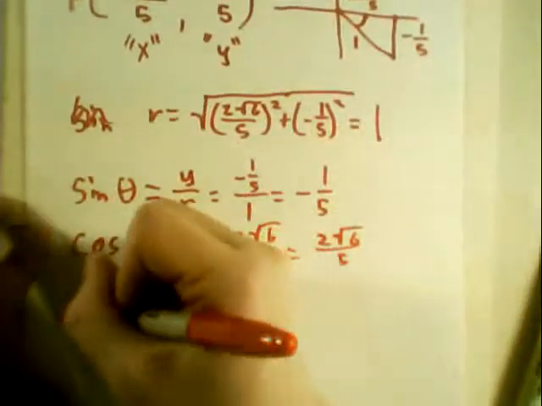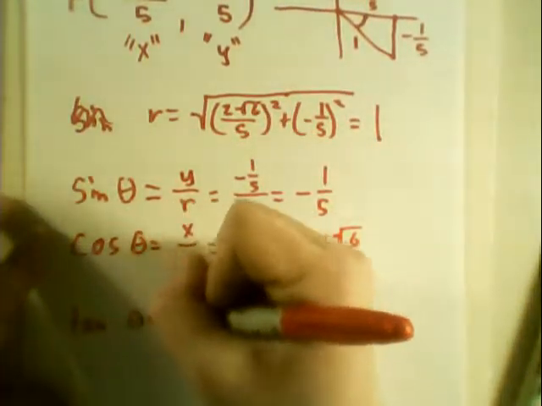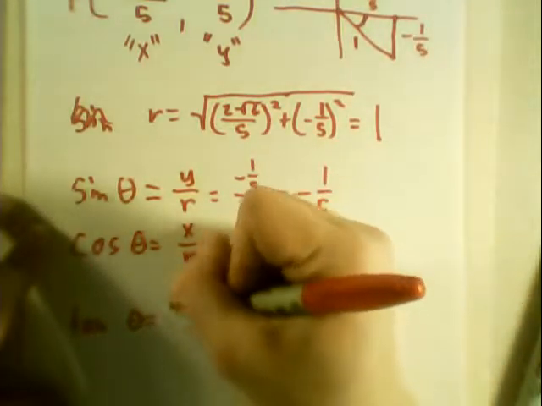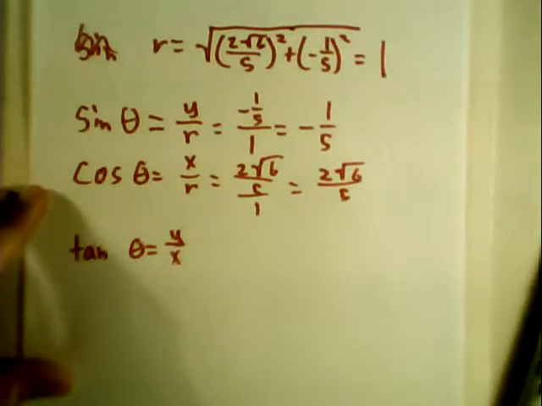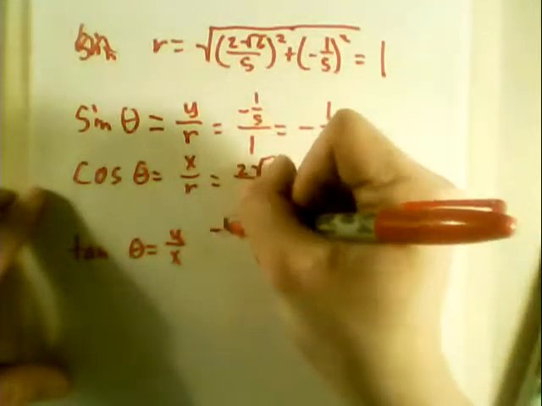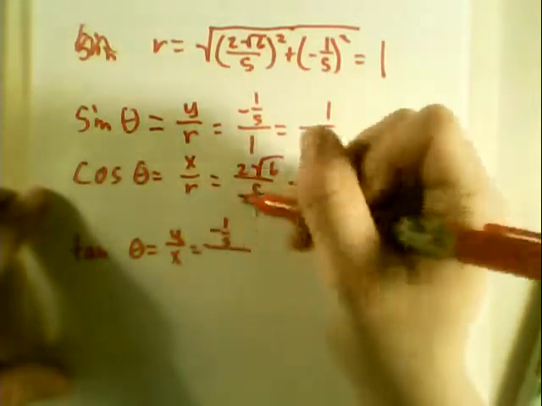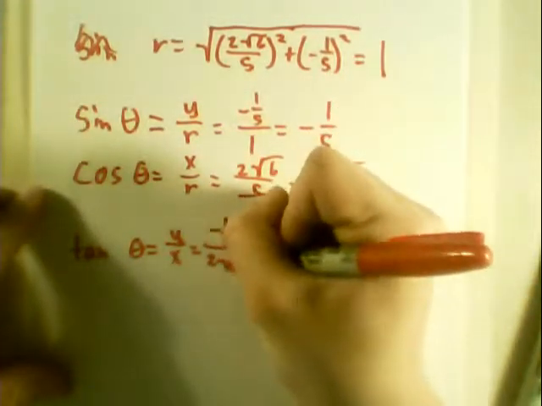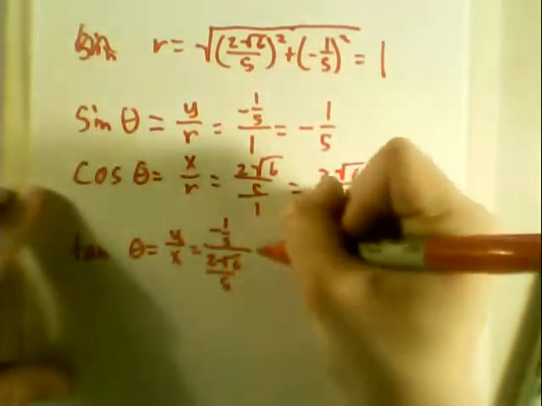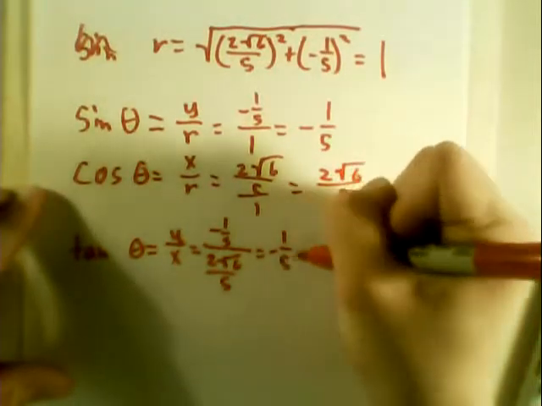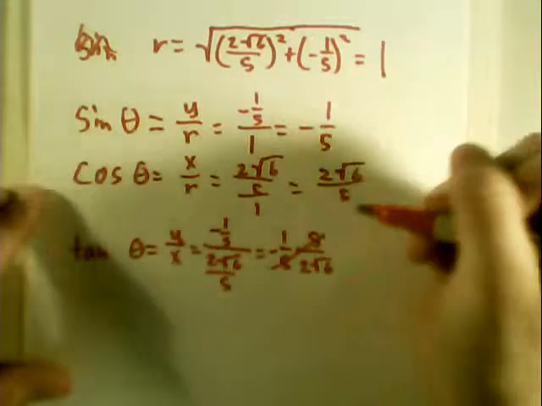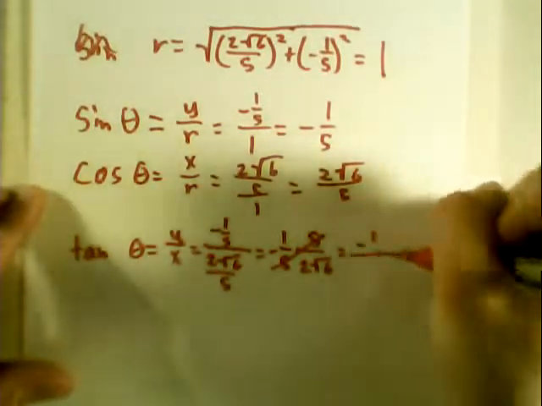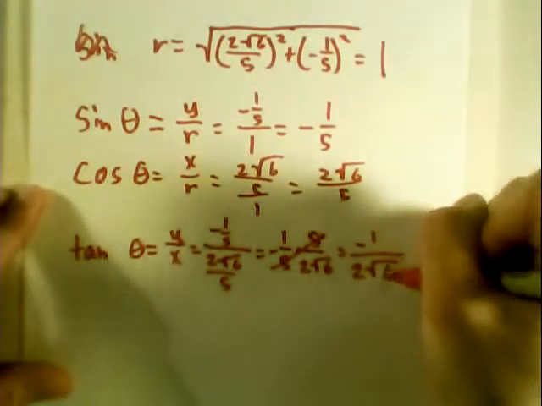Now if we do tangent, that's a little more involving. Tangent is y over x. Okay, so our y was negative 1/5, and our x was 2 square root of 6 over 5. So now let's go through and multiply this out. They would cancel, so then we get negative 1 over 2 square root 6.